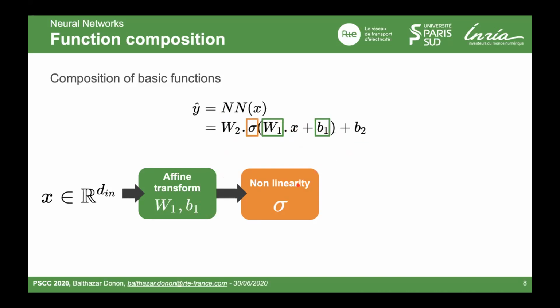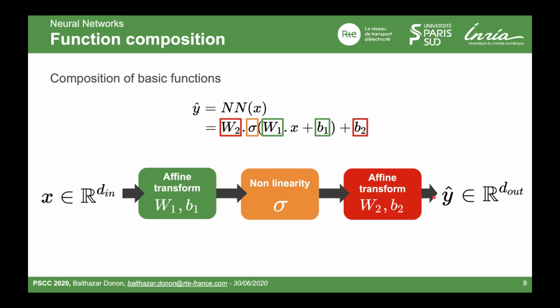Then you apply a nonlinearity, which can be, for instance, a hyperbolic tangent. And finally, you apply another affine transform. The whole idea of neural networks is that you will train and learn the parameters W1, b1, W2, and b2, so that your trained function will closely match your target function.